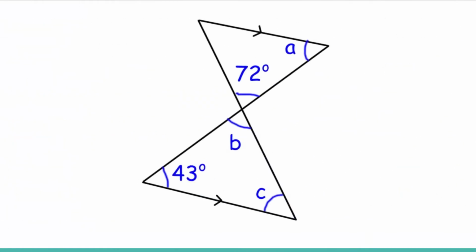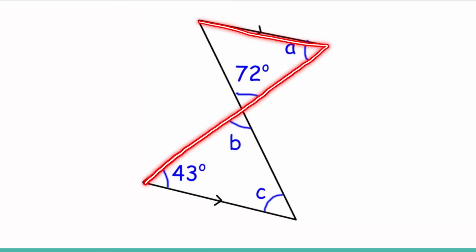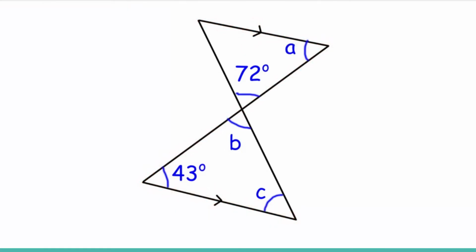So for a question like this, we're trying to find the different angles, and we can see here that we have a Z shape, and we know we can use the alternate angle because we have these arrows drawn on, and therefore 43 must be the same as A. So A is 43 degrees.